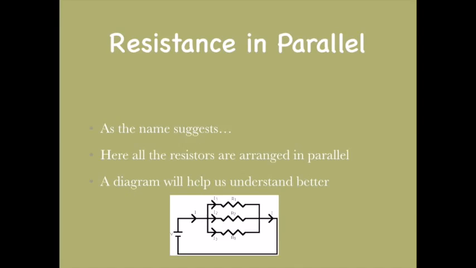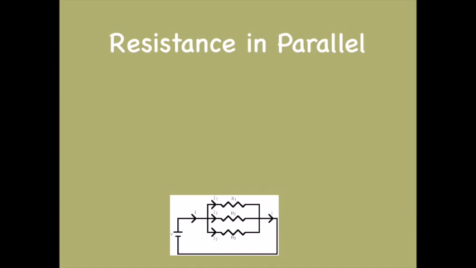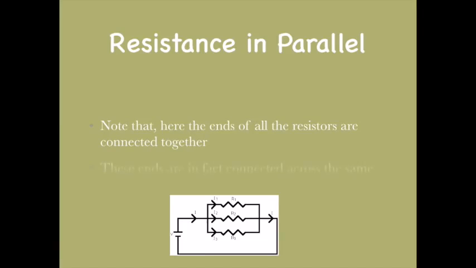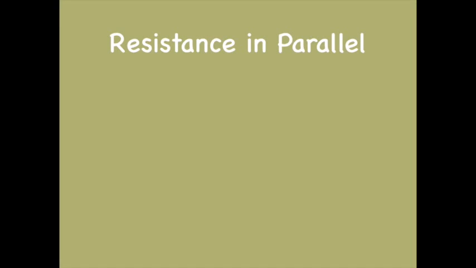So if you observe a bit clearly, here all the ends of the resistors are connected together, and these ends are in fact connected to the battery's ends. Okay. So in any parallel connected circuit, the voltage across all the resistors will be the same.